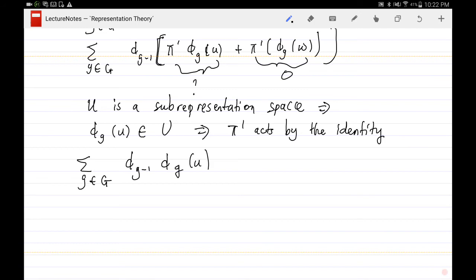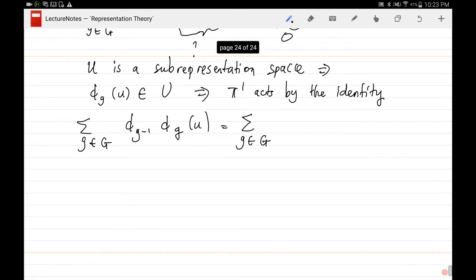Okay, but again we have a representation, which is a group homomorphism. I'm hammering this point between the group homomorphism and the representation space. They're not the same thing. Here I'm using the fact that the representation is a group homomorphism, and so in particular it's equal to that. And of course it gives the identity, and then we're left with this over |G| of u.